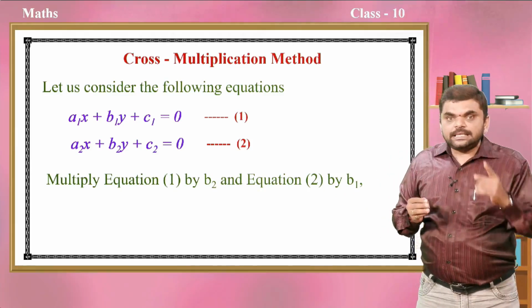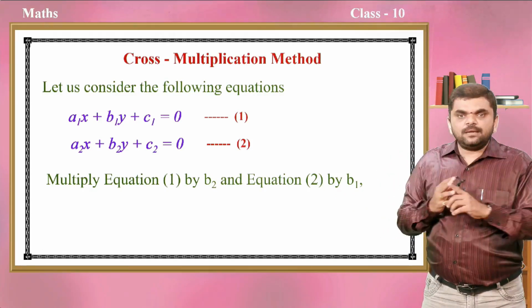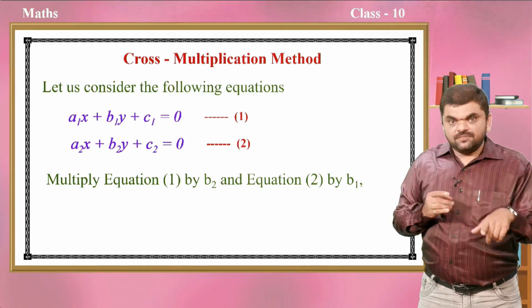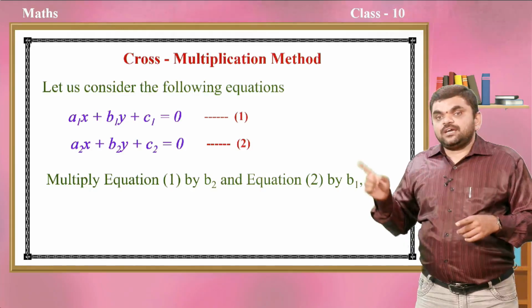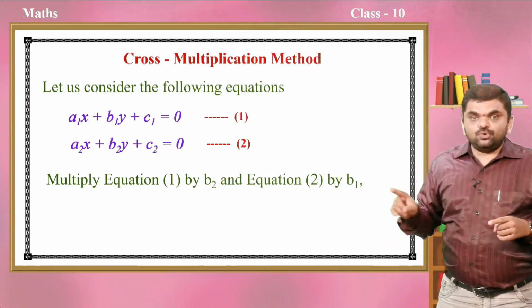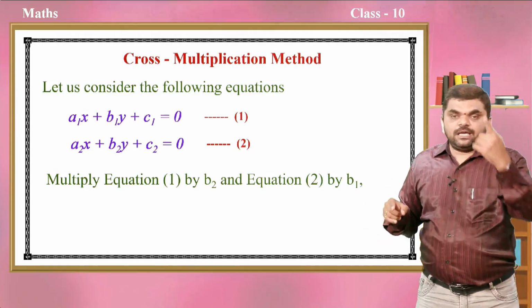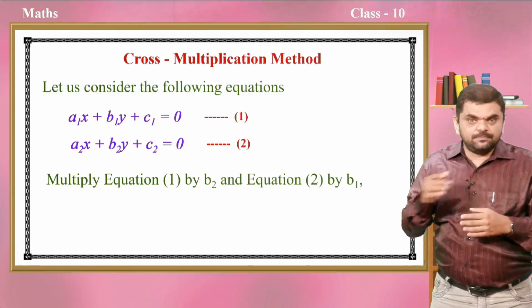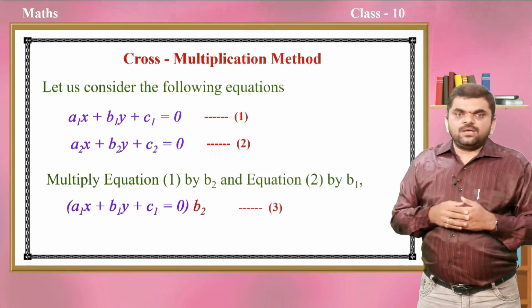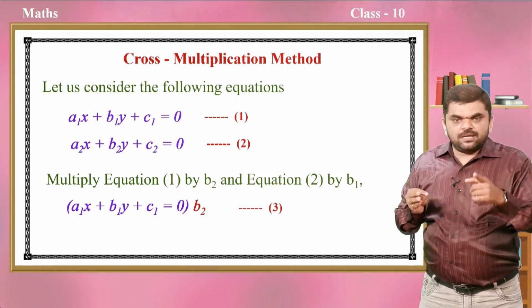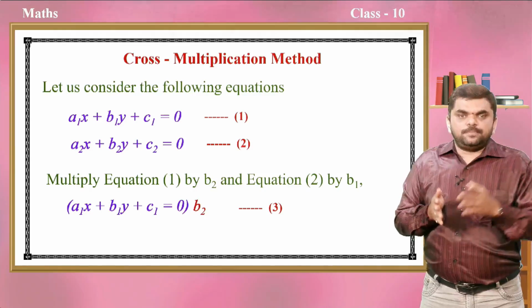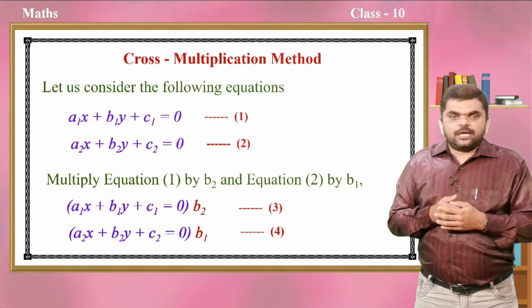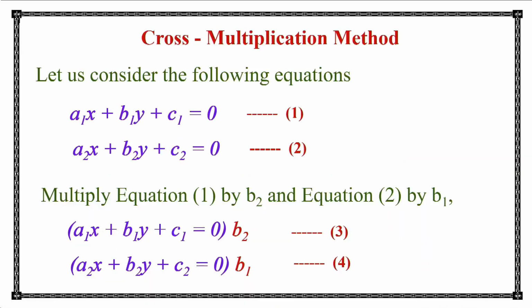Now multiply equation number 1 by b2, which is the coefficient of y in equation number 2, and multiply equation number 2 by the coefficient of y of equation number 1, that is b1. Interchanging, (a1x plus b1y plus c1 is equal to 0) into b2, and another one is (a2x plus b2y plus c2 is equal to 0) into b1.